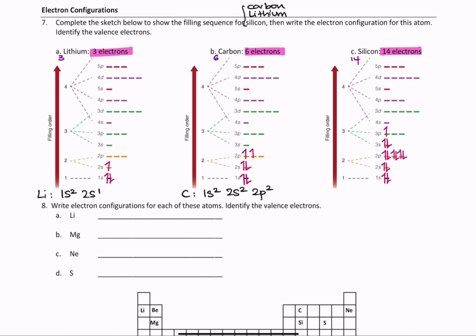What did I miss? 1, 2, 3, 4, 5, 6, 7, 8, 9, 10, 11, 12, 13, and my bad, 14. Spread them out in the 3p orbital. And my configuration will therefore be silicon 1s2, 2s2, 2p6, 3s2, 3p2.